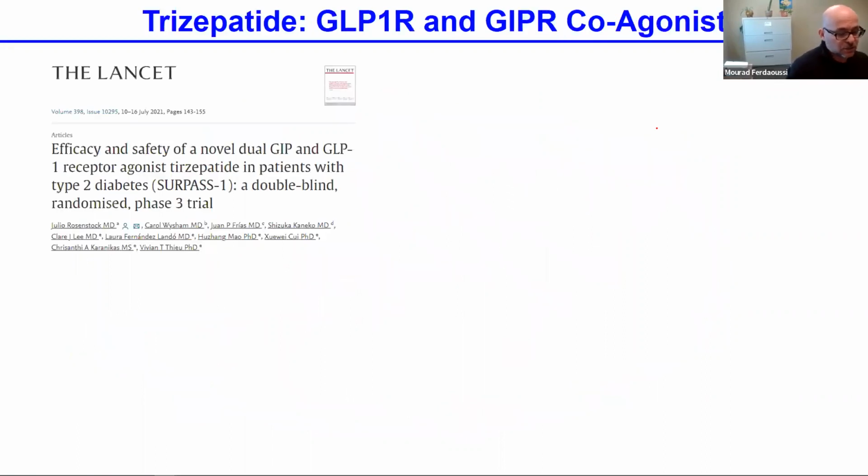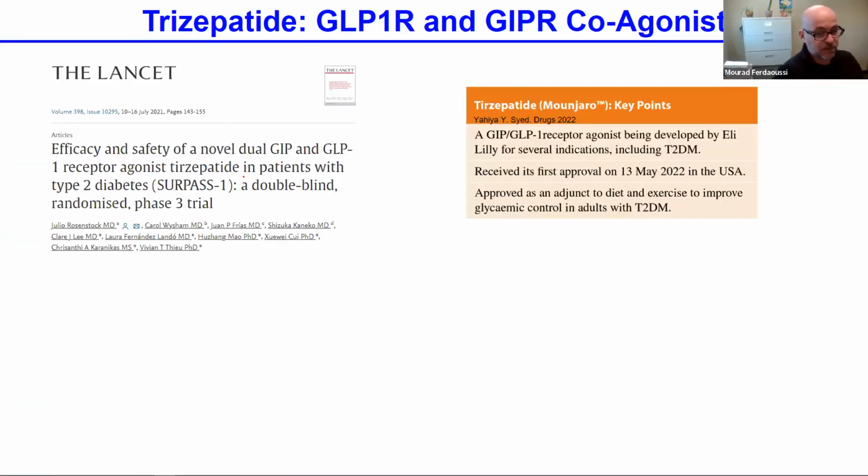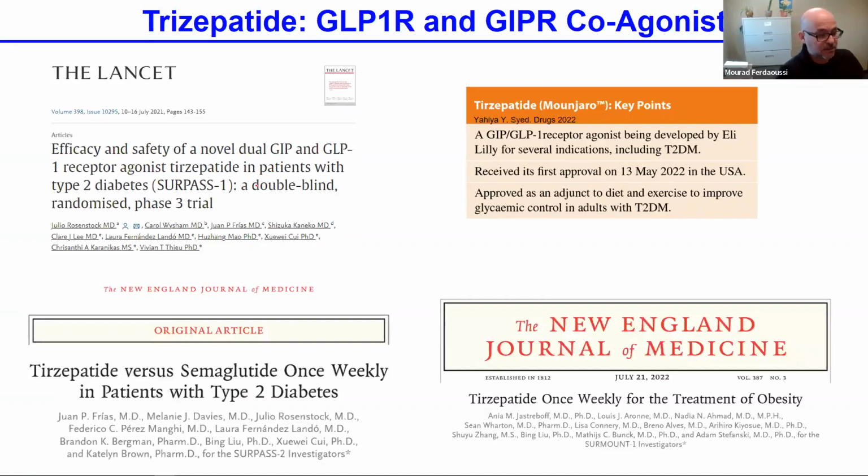But the new generation of this incretin therapy is to use co-agonists, the GIP and GLP-1 receptor co-agonist, which is called tirzepatide. And this is really new. It was approved about a year ago by the FDA and is used in the US to treat diabetes. But there is also more indication that tirzepatide has an effect not only to improve glycemia, but also to treat obesity.